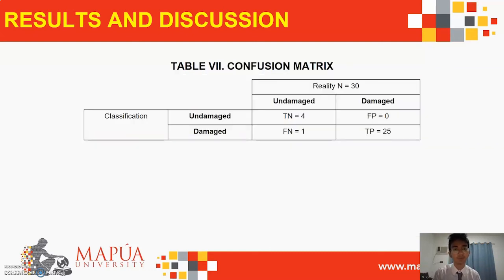So for the confusion matrix, n is equal to 30. We have 30 tests, so we use a confusion matrix in our statistical treatment. Undamaged: true negative is equal to 4, false negative 1, false positive 0, and true positive 25.